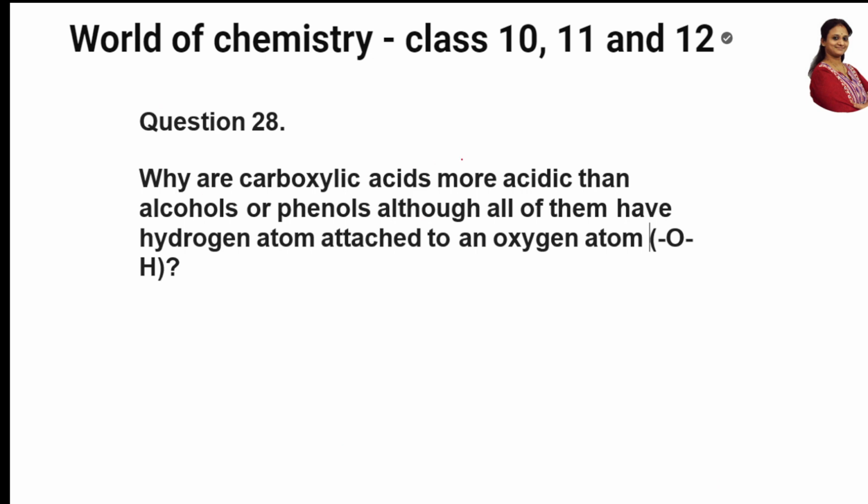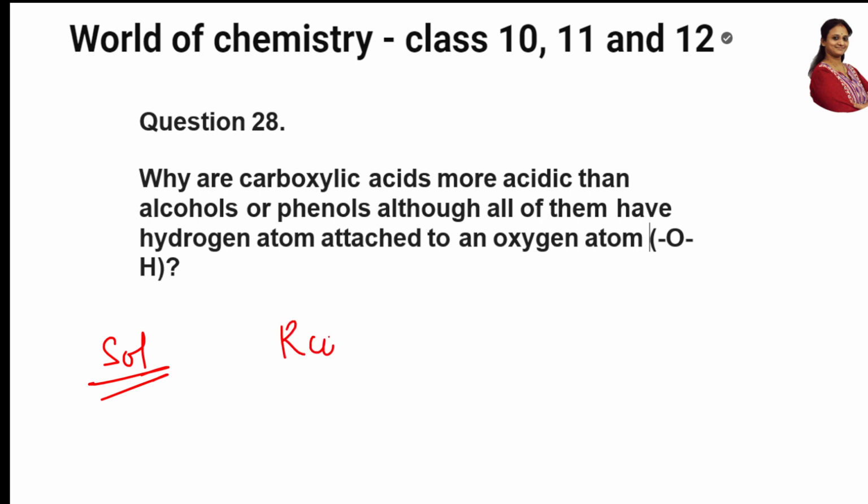Why are carboxylic acids more acidic than alcohols or phenols, although all of them have a hydrogen atom attached to an oxygen atom? First of all, carboxylic acids are more acidic than alcohols or phenols. What is the difference between phenols and carboxylic acids? Let us start writing. When do I call something acidic? When something donates a proton or H plus ions in aqueous solutions.